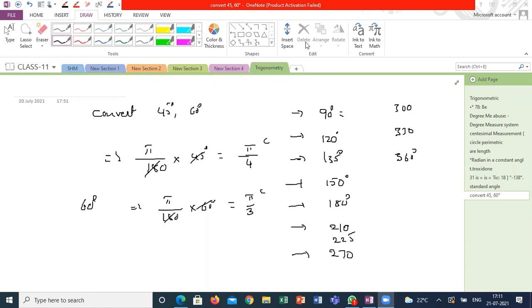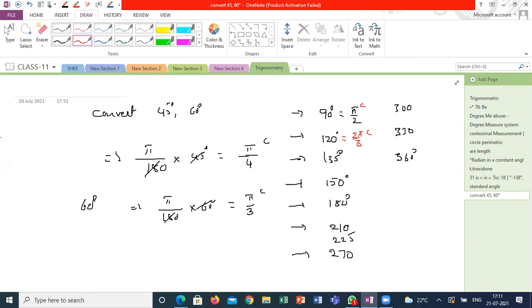Raghav, Kirtana? Yes, sir. So 90 degrees: pi by 180 into 90, how much? Pi by 2. 120? 2 pi by 3 radians.